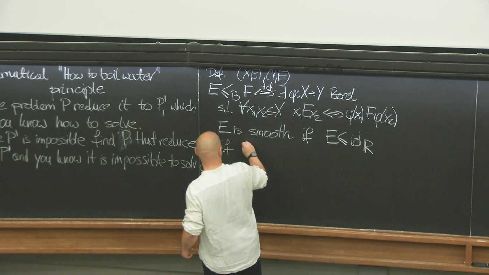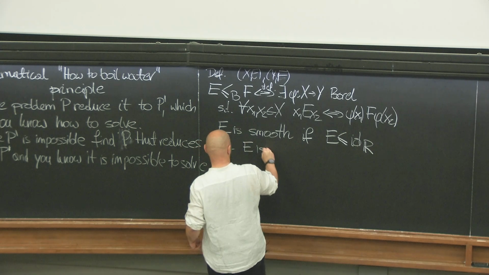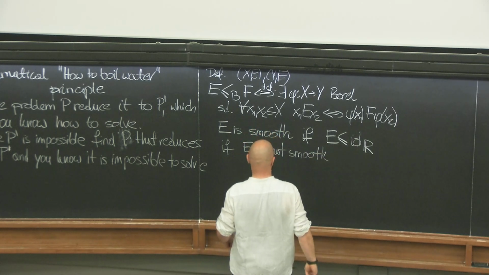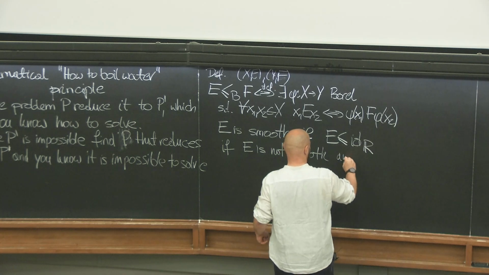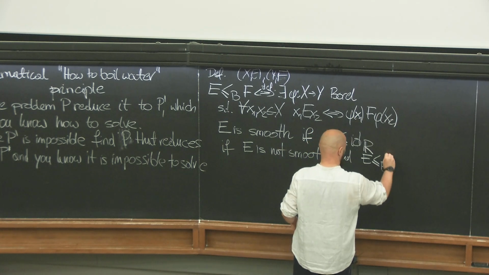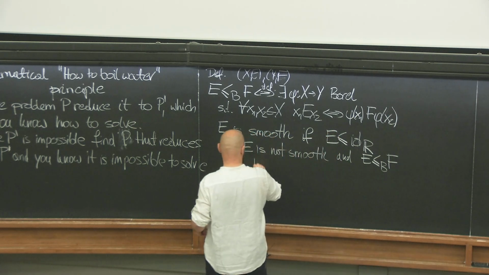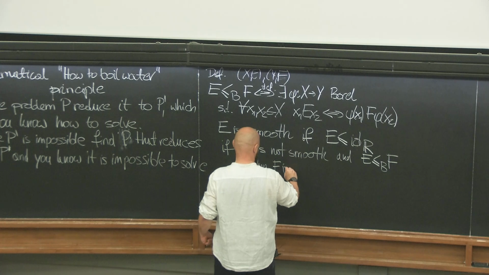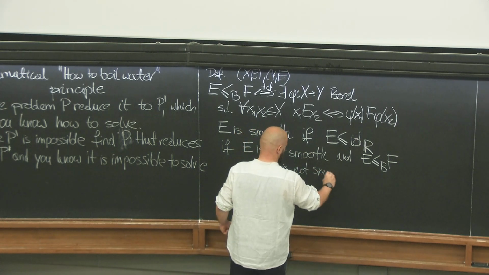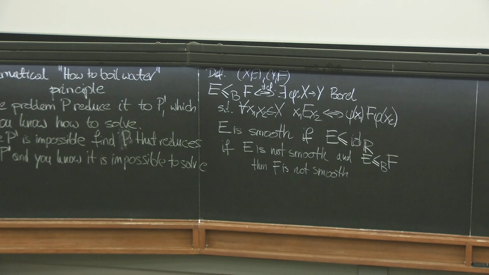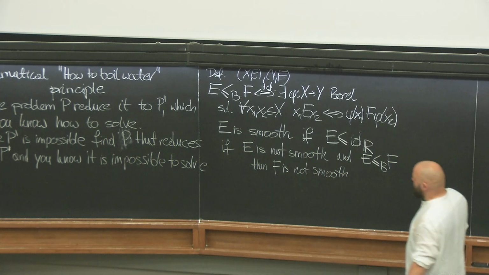So if now E, we know, is not smooth because some theory told us so, and E reduces to F, then F is not smooth. Because if F were smooth, we could compose two reductions and get a contradiction. So this is the second part.